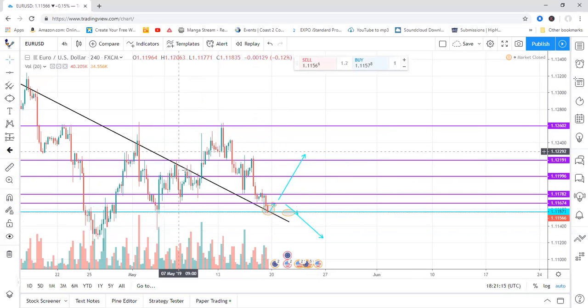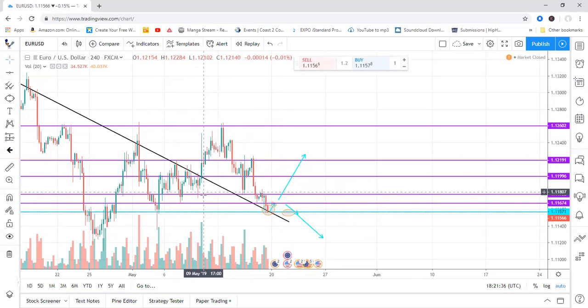Right here, this is the head, this is the first shoulder, and this is the other shoulder of it going down. And right here you can actually see this is the support resistance area of the first shoulder, and the shoulders are the most pinnacle parts of this type of pattern.